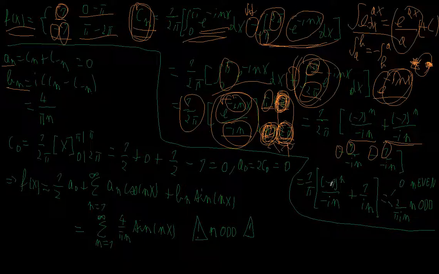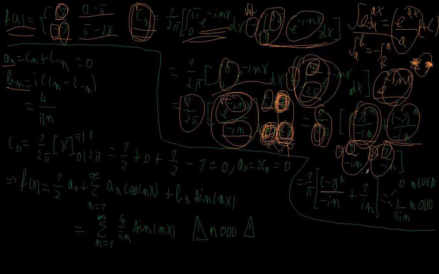And so now we can rearrange a bit. We have 2 times the same value here and here. So we have a 2 here in the denominator, so they cancel out each other. So you can factor out the 2, and then it can cancel out with this 2 here. And you are left with 1 over pi times this -1 to the nth power over -i n.